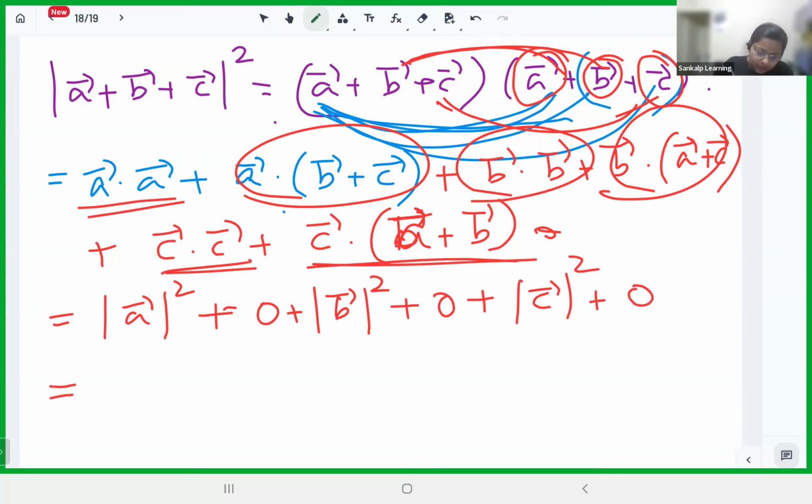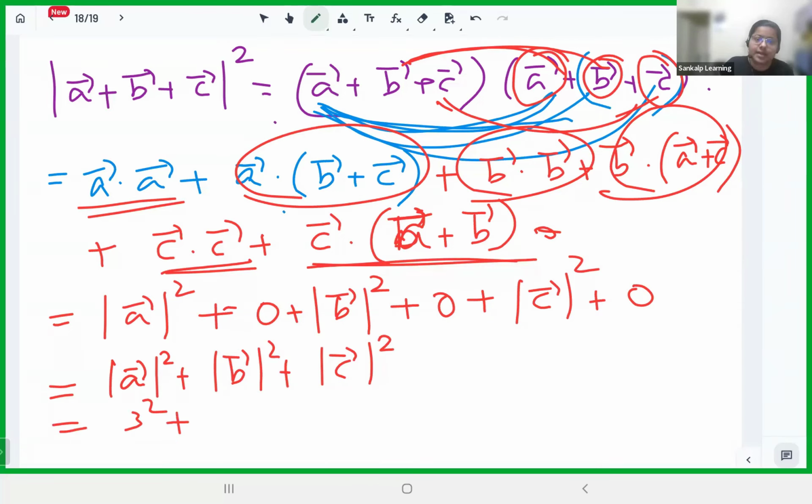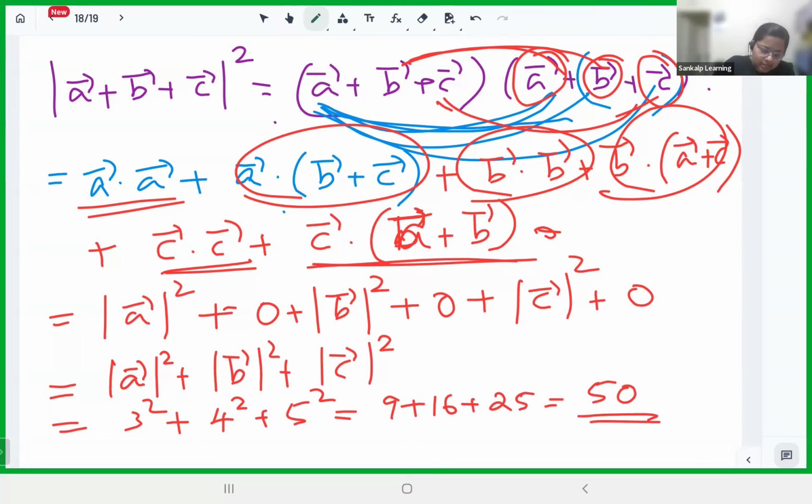So this is equal to magnitude of A square plus magnitude of B square plus magnitude of vector C square. That is equal to 3 square plus 4 square plus 5 square, since the magnitudes are 3, 4 and 5. So that is 9 plus 16 plus 25, which is equal to 50.